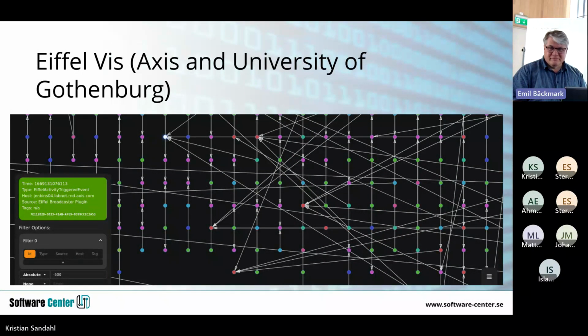So they are going in that direction, trying to make it a bit more useful. But the initial thing was to just see, can we monitor the Eiffel bus in real time and actually visualize it? Yeah, that was the monitoring more than investigating.